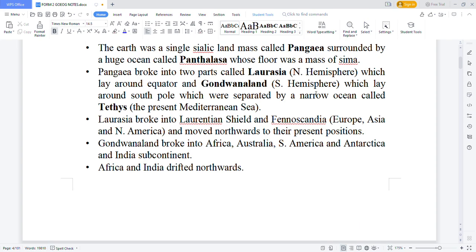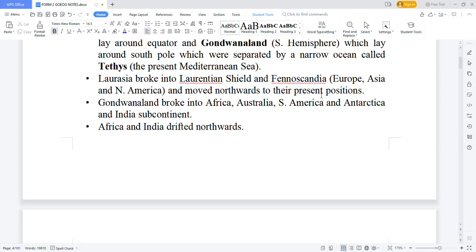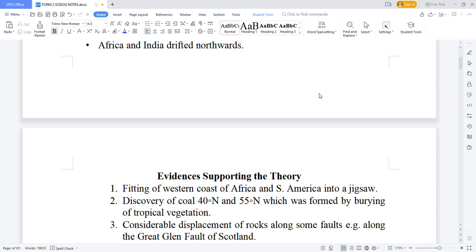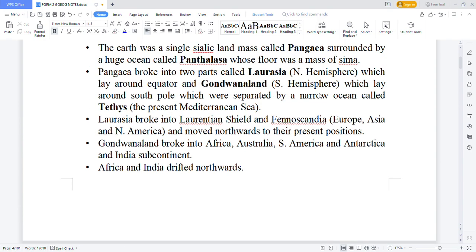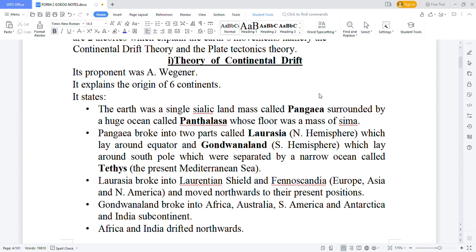Gondwana broke into Africa, Australia, South America, Antarctica, and the Indian subcontinent. Africa and India drifted northwards. So that is all about the continental drift theory, what it states.